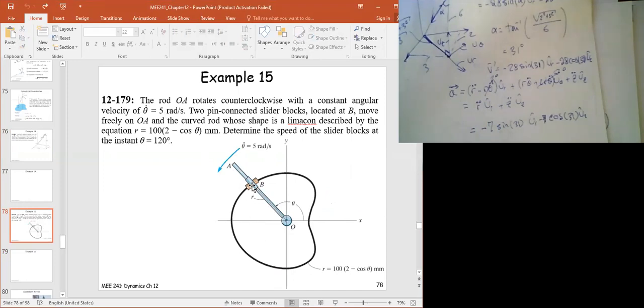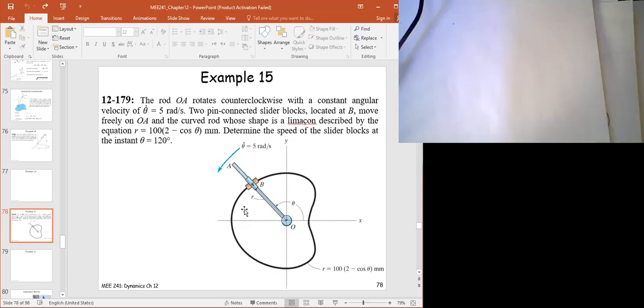A pin-connected slider is connected to this rod, and as a result of the movement it follows a radius. The radius is 100 multiplied by 2 minus cosine theta, in millimeters. We would like to find the speed of the slider at the instant theta equals 120 degrees.